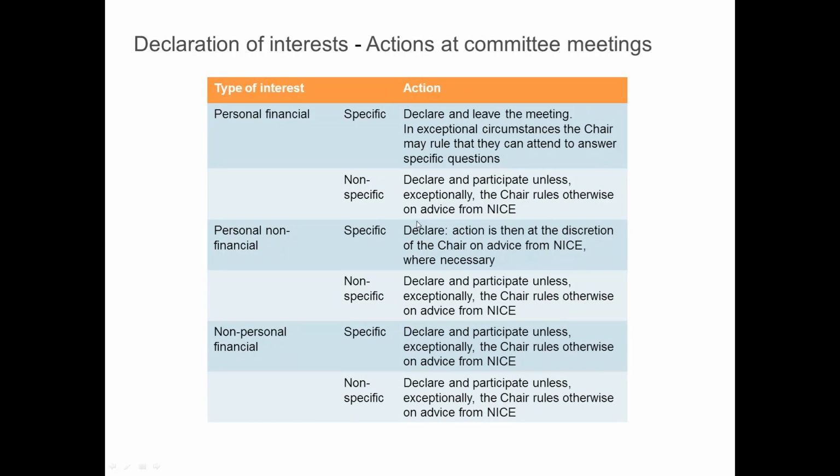And the words that tend to be used are the words offer, which is a strong recommendation. Consider is used when it's a slightly weaker recommendation for a treatment, or do not offer if it's a negative result.